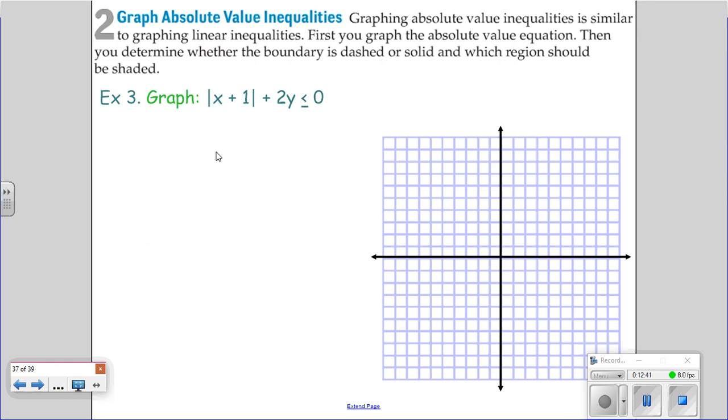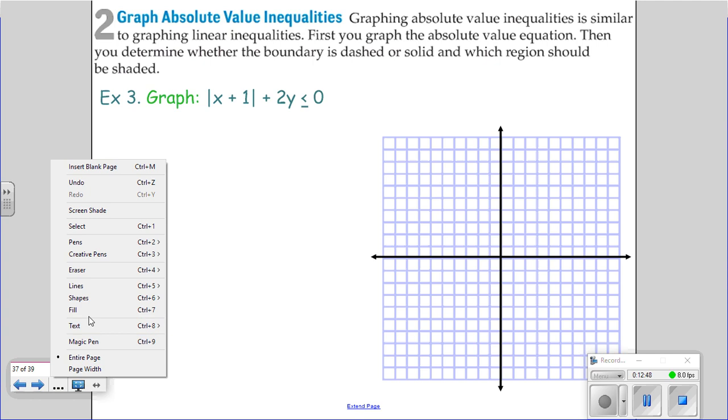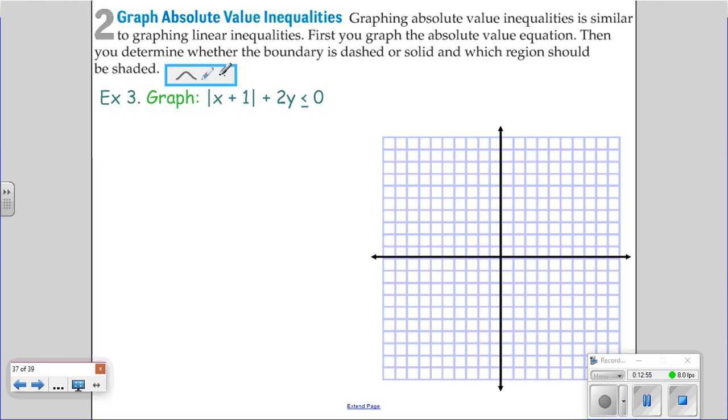So what I highly recommend doing is putting it into standard form. I'm sorry. You want to get it into the format that looks similar to the parent function. The parent function was y equals absolute value of x. So, sorry, we want to solve for y. To do that, on example 3, we're going to have to move this whole absolute value to the other side.